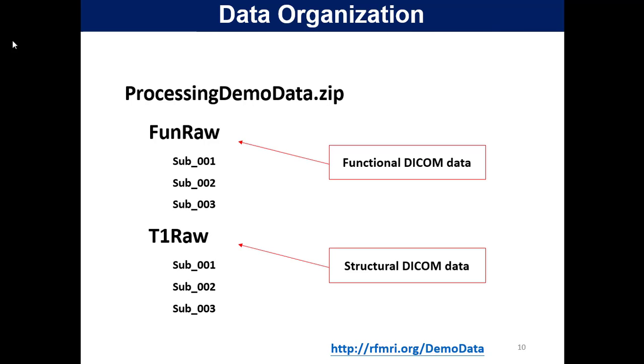Actually, most people who have an error in running DPARS, the most common error is that they didn't organize the data well. For example, in Fun Raw you have 4 subjects, and in T1 Raw you only have 3. That would be a problem. Or in Fun Raw you have sub-001, but in T1 Raw there's no dash, and the two names are different.